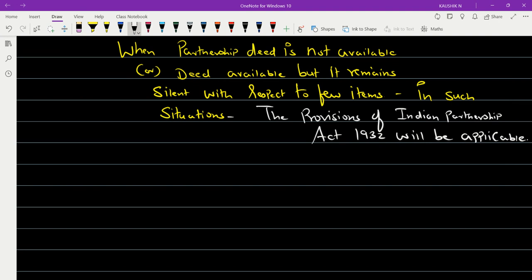Is it clear to you? So, when the partnership deed is not available, or when the deed is available but it remains silent with respect to a few items, in such situations or scenarios, the provisions of the Indian Partnership Act will be applicable.